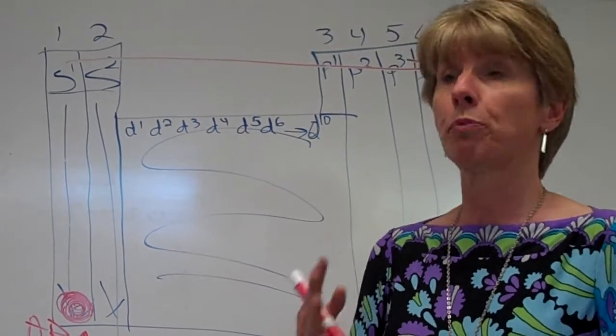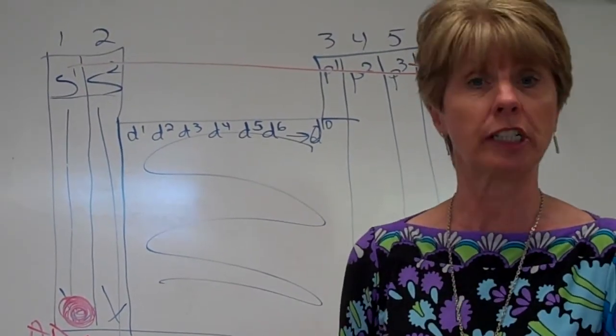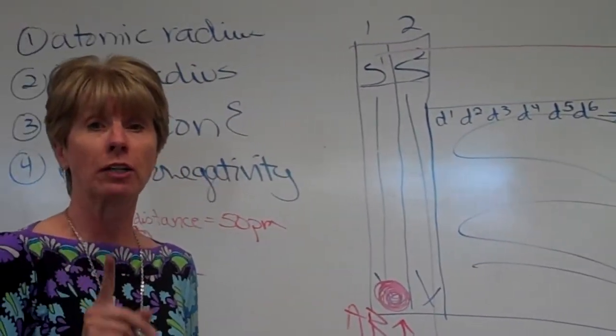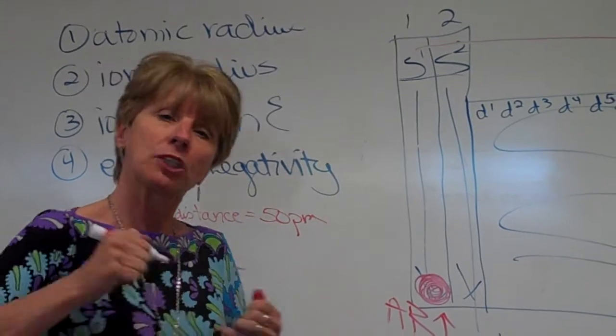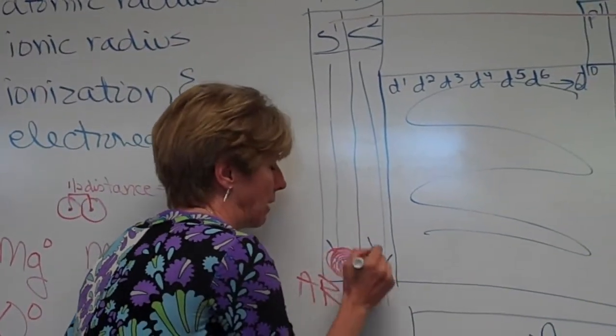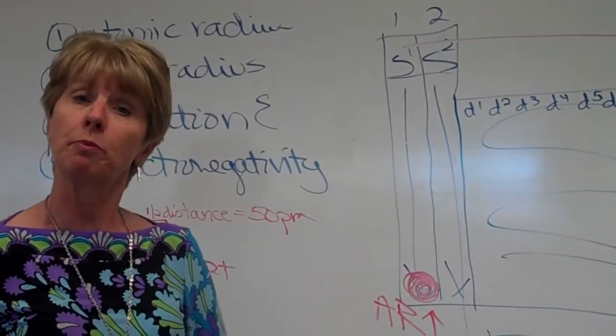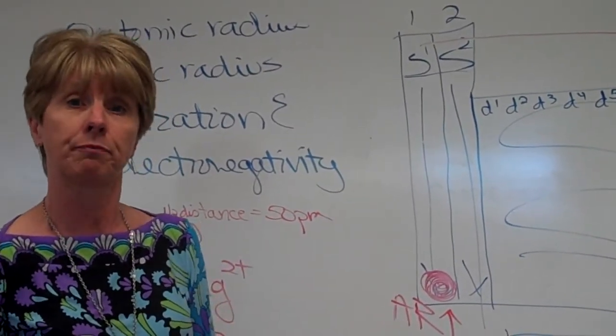Who would be the one who would be the easiest to steal its electron? Well, it's going to be a metal. You know that because metals want to lose electrons. But it's also going to be the biggest element because that outermost electron is further away, so it's going to be easier to steal that electron.